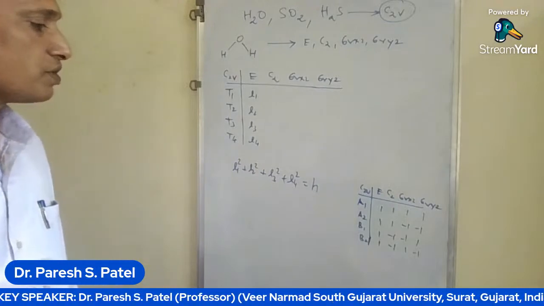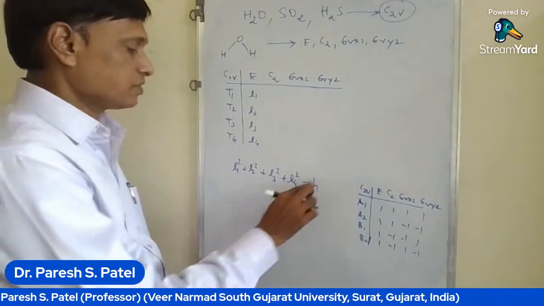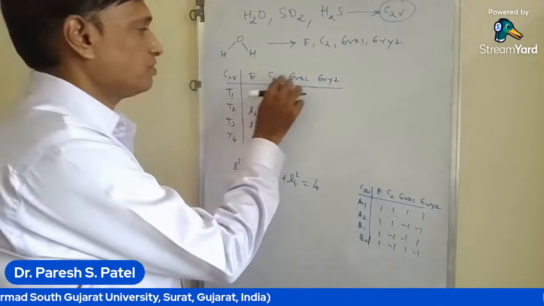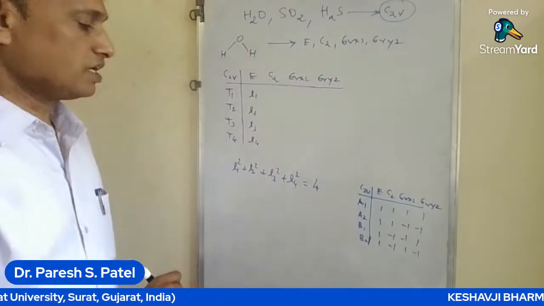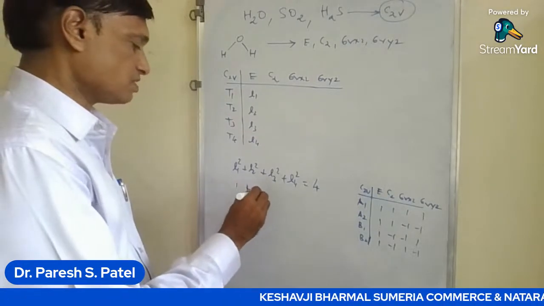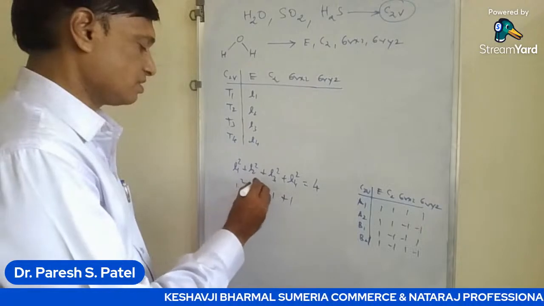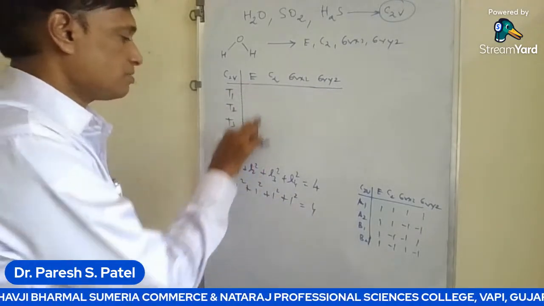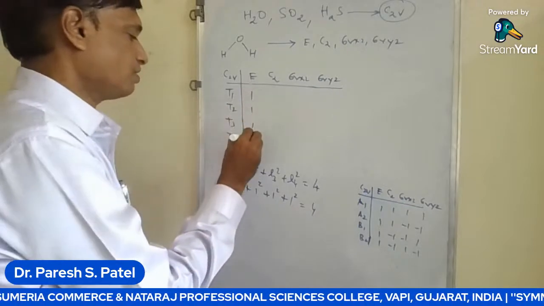This is the second rule. Now, here the order of the group is equal to 4. Why? 1, 1, 1, 1. Negative dimension is not possible, so a minimum of 1 is required. 1 square plus 1 square plus 1 square plus 1 square is equal to 4. So this representation should be 1, 1, 1, 1.